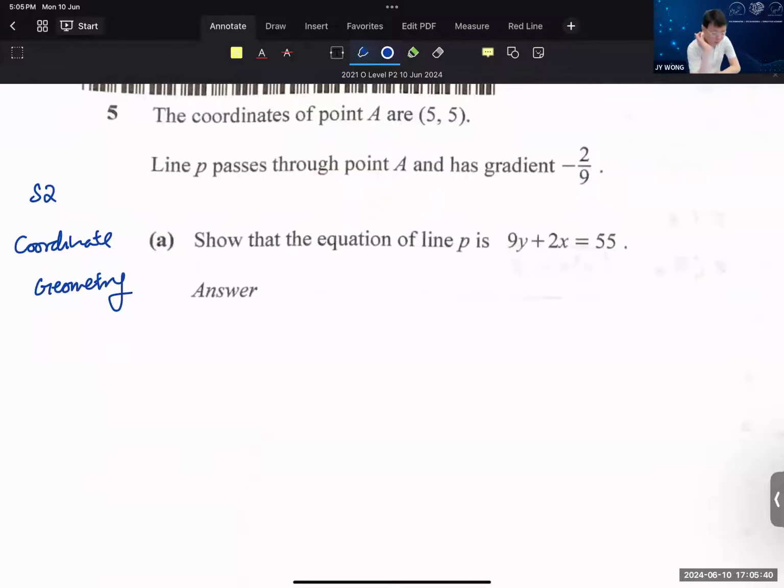Show that the equation of line P is 9y plus 2x equals 55. To find the equation of any straight line, you need gradient plus 1 point, or you need 2 points. From 2 points, you can find gradient.